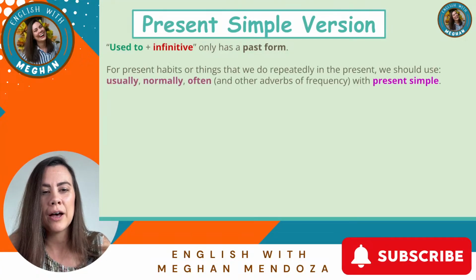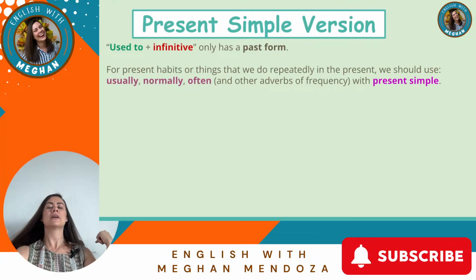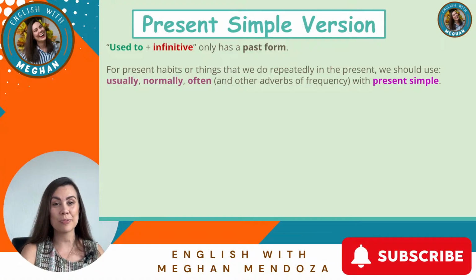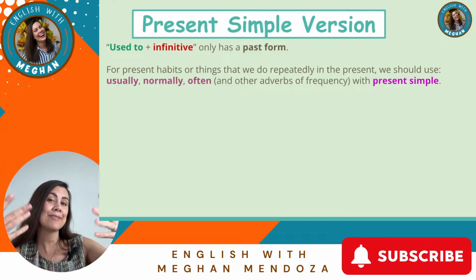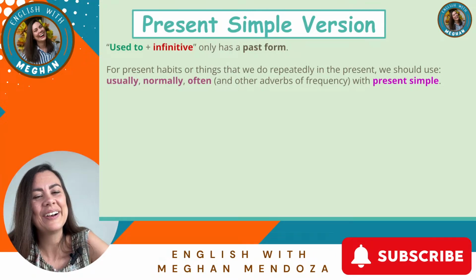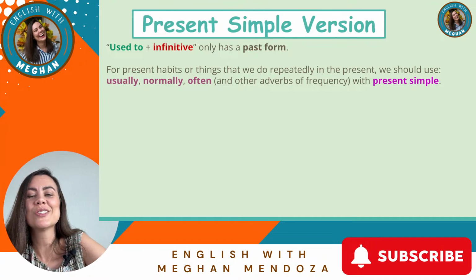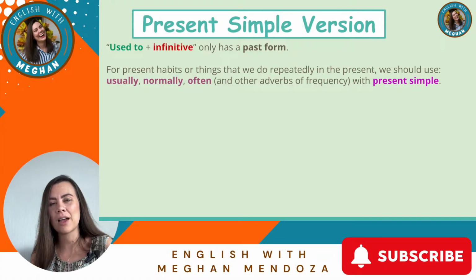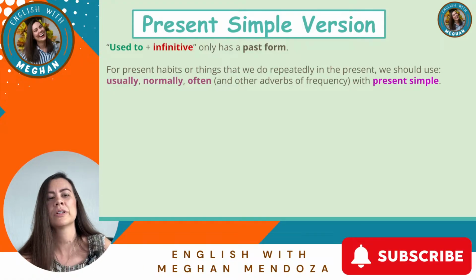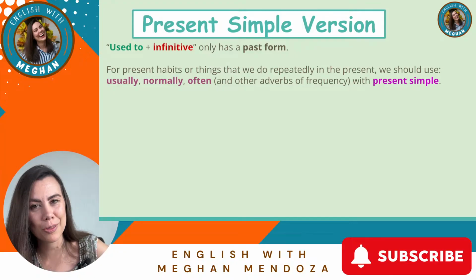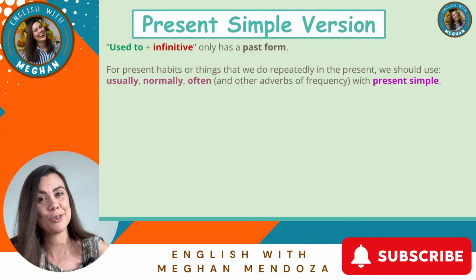If we're still doing something, for present habits or things that we do repeatedly in the present, like have English class with teacher Meghan Mendoza, you should use usually, normally, often, sometimes. Those are adverbs of frequency, okay? For present simple, you know this, you've learned this. Let's review it, okay?